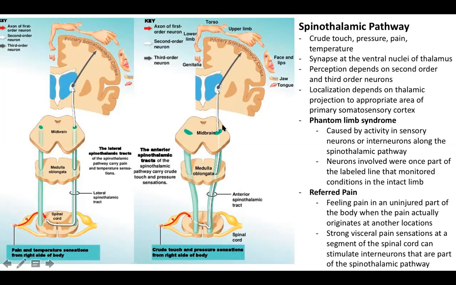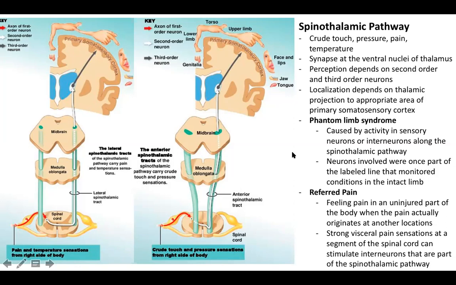So if we are missing a foot, but we stimulate at our dorsal root the same neural path that would carry information for our foot, then we have that sensation up in our cortex that something is happening with our foot, or that we have a foot when we really don't. That's phantom limb syndrome, carried by the spinothalamic pathway.